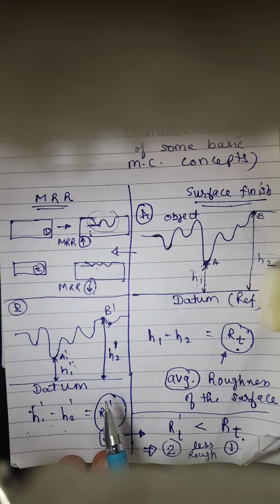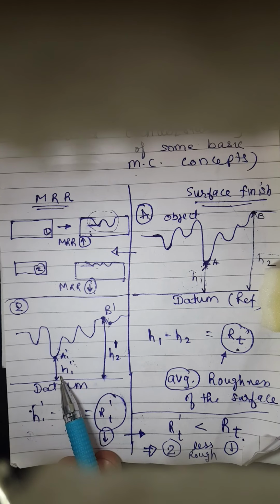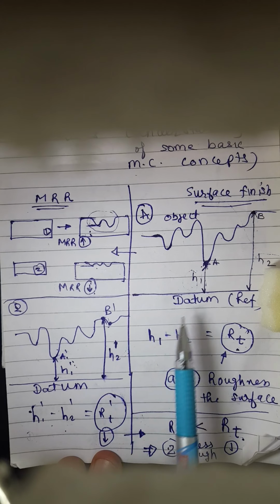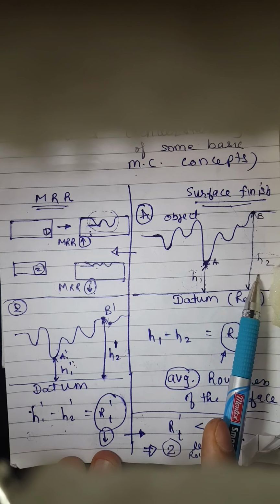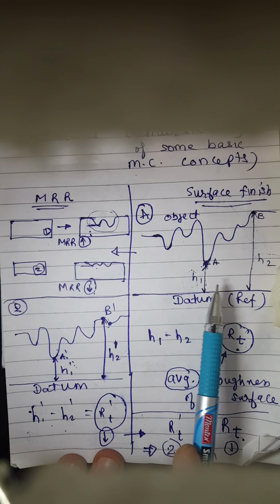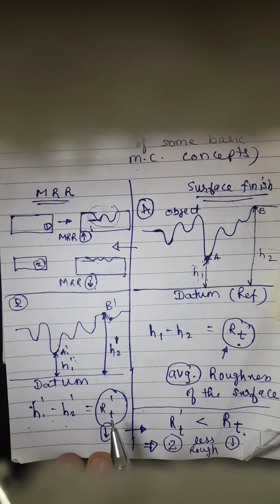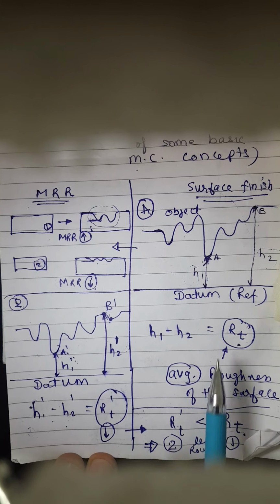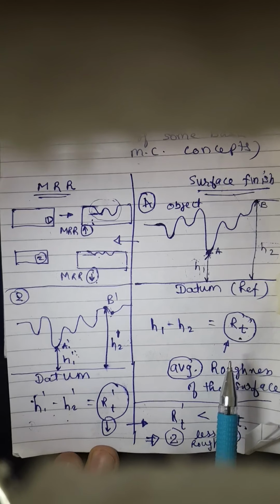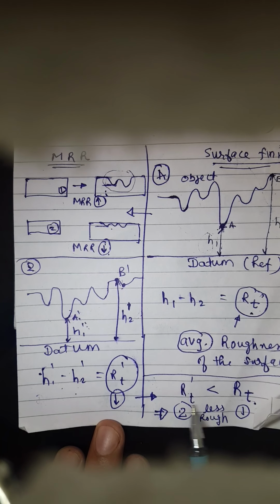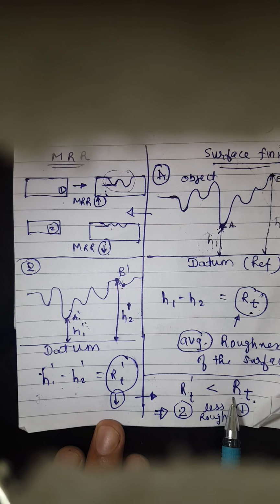For these values Rt dash and Rt, from the figure itself we can make out that these distances, h1 dash and h2 dash, are smaller than these distances. We are assuming that, which means that this Rt dash is lesser than the Rt value. So I can write it as Rt dash is less than Rt.